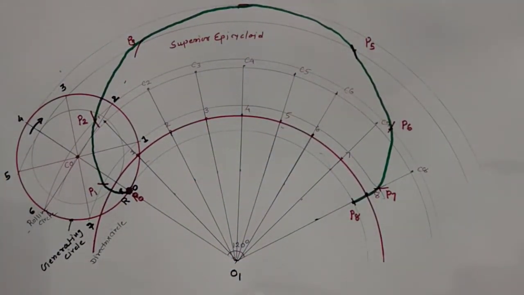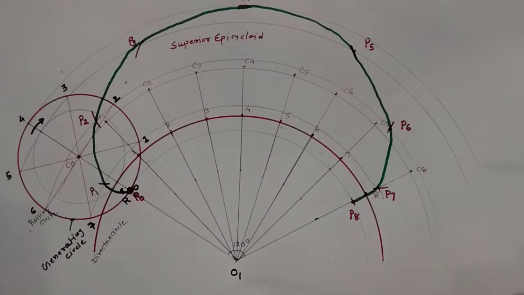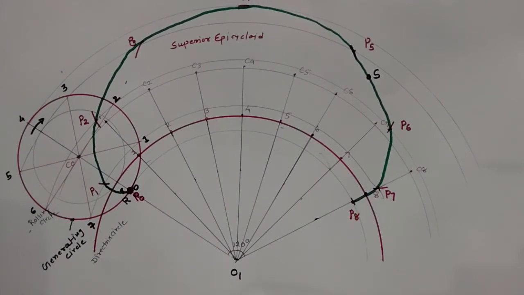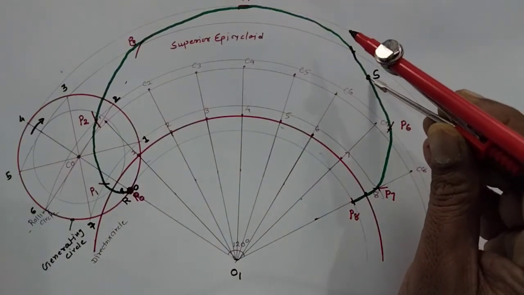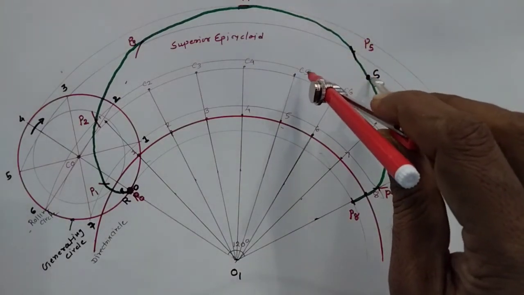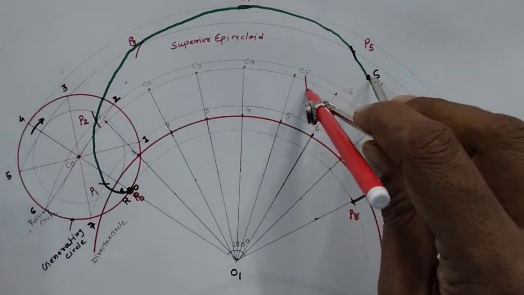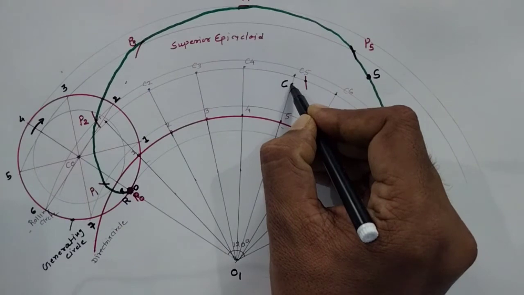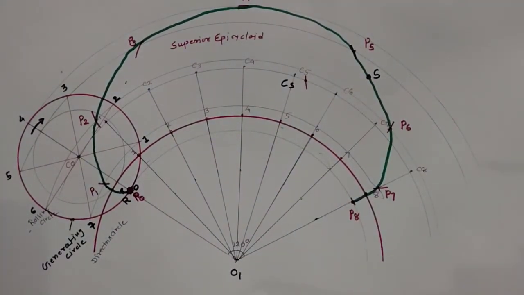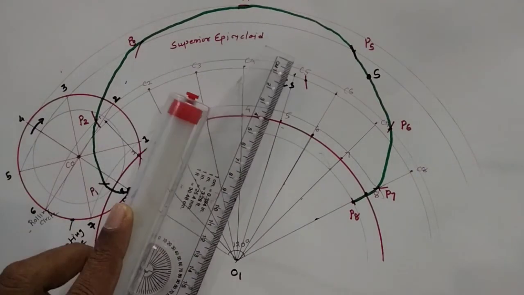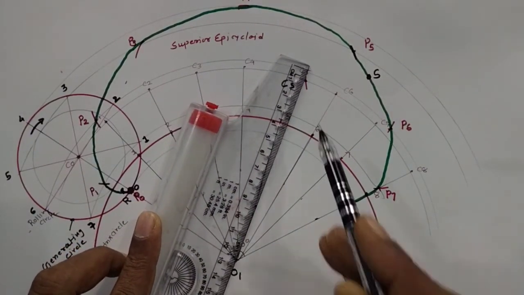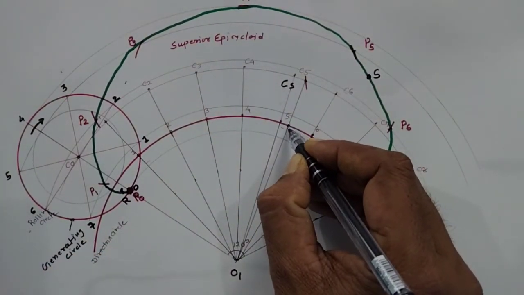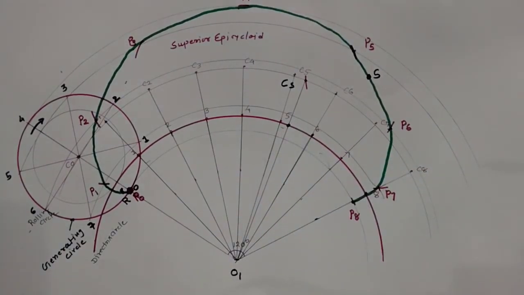Now you can choose the S point. First you find out the center CS. The S point is the center. I draw the arc on the central line. It is giving me the CS center. I join it with the O1 point with a straight line, and it cuts our directing circle at S1 point.